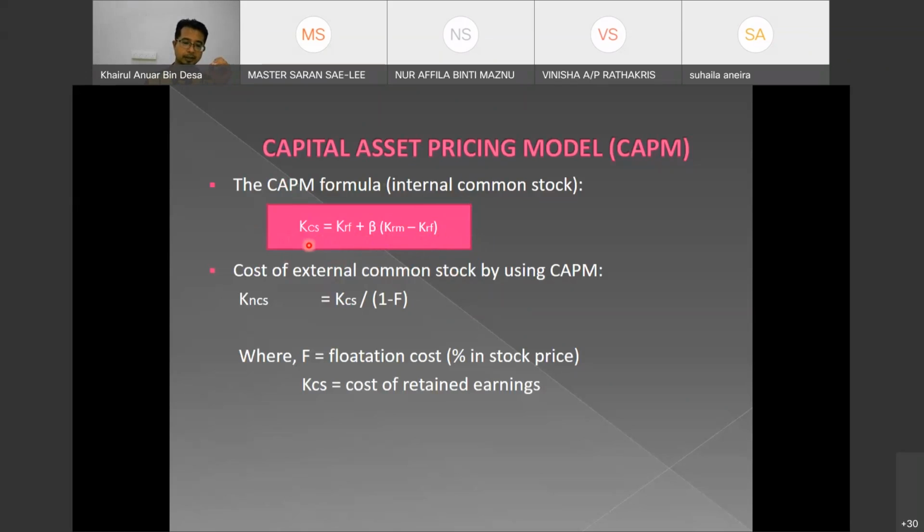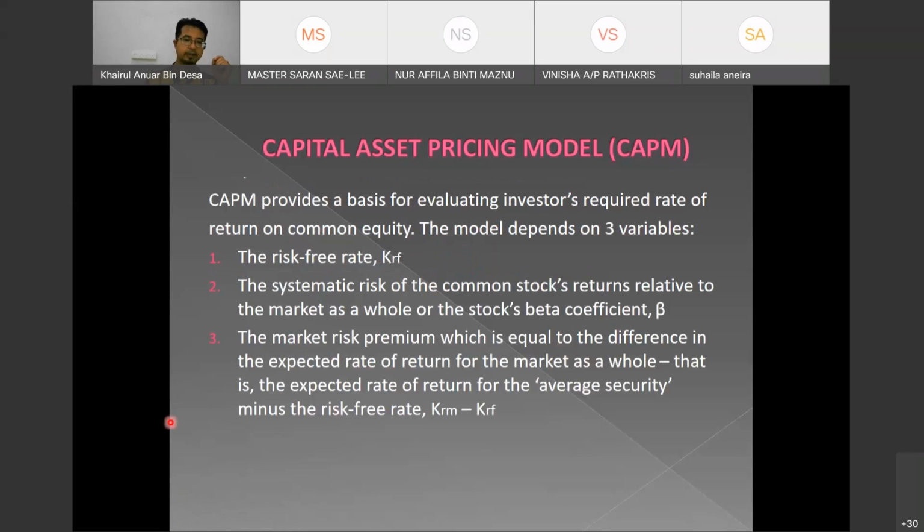KCS equals KRF, risk free, plus beta. Beta kita dah belajar dalam chapter number 4. Beta determines the average of risk, and then market risk and risk-free rate. Okay, kita balik kepada formula ni.